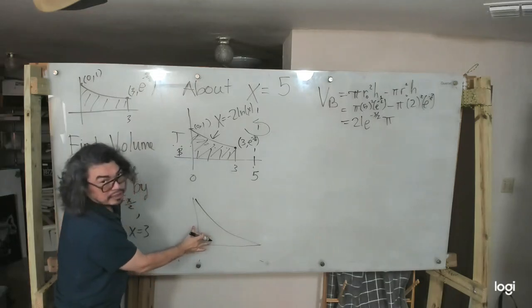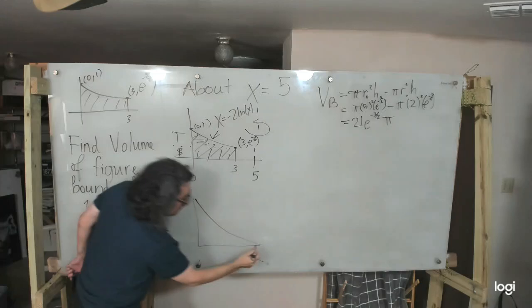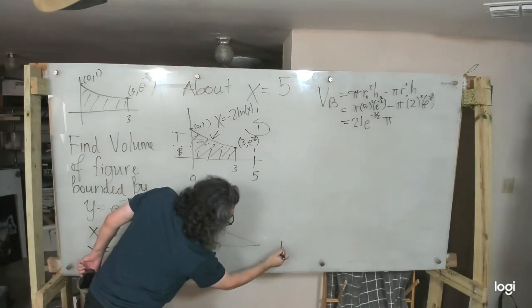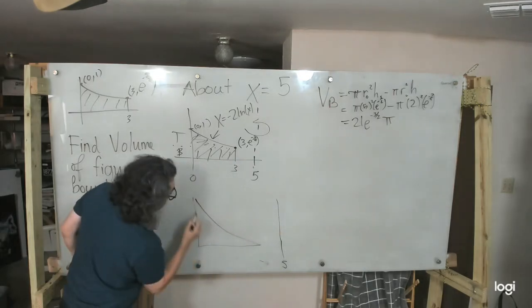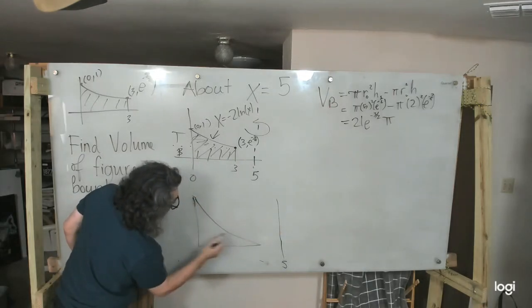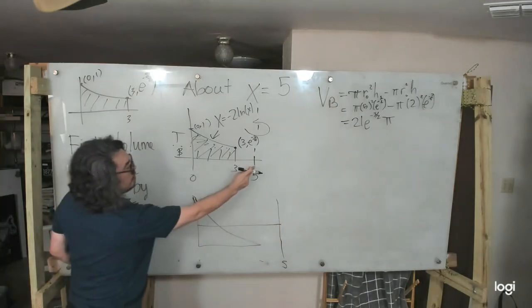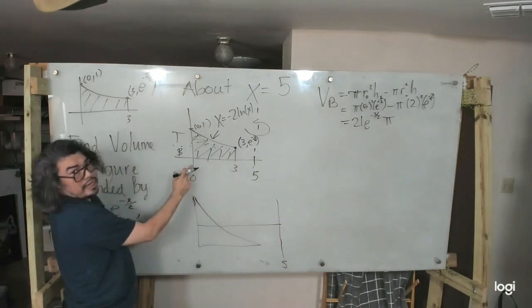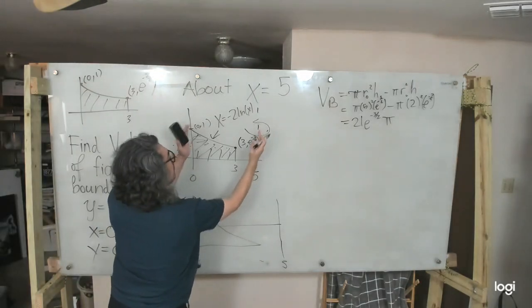So this is my drawing of this part that's above this horizontal line. What I want you to notice is this. This is 5 here. And what I want you to realize is this. If I look horizontally, this distance from here, the axis of rotation, to x equals 0, i.e. the y-axis, we can see that that's 5 uniformly.